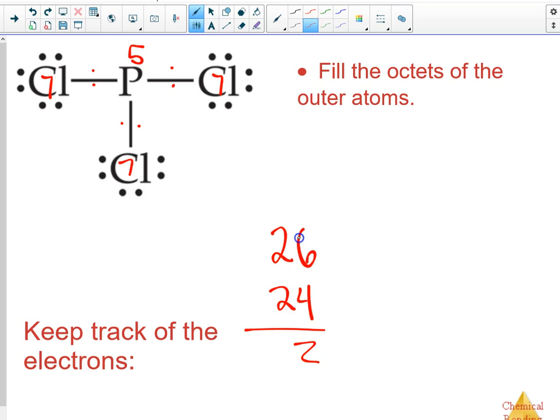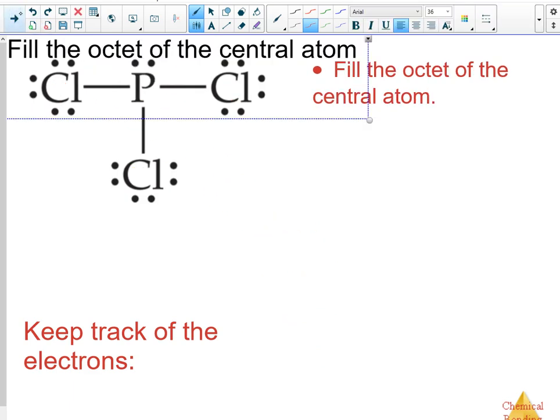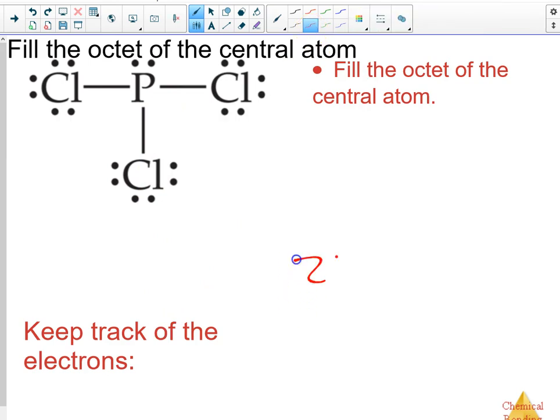All right? The final step then is to fill the octet of the central atom. Phosphorus is the central atom, so it had 2, 4, 6 valence electrons with it to start with once we put the things together. So it needs 2 more, correct? Keep track of the electrons. We have 26 valence electrons to deal out.